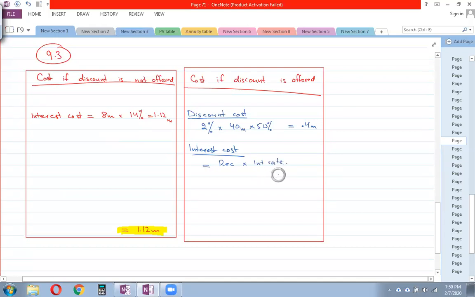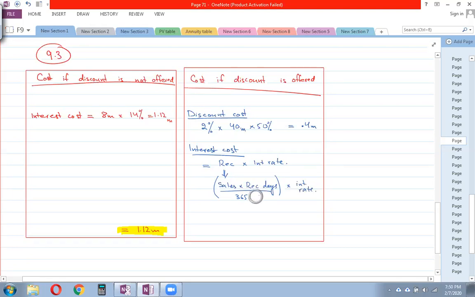We know that the interest rate is 14%, but how much is receivables? Receivables, when you have to calculate it, will be sales multiplied by receivable days divided by 365. And this receivables need to be multiplied with the interest rate.